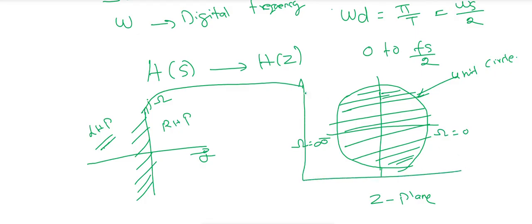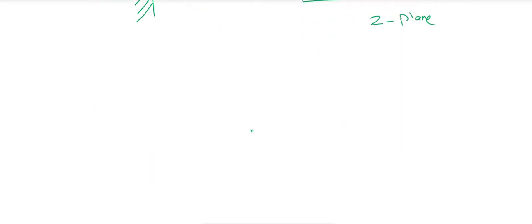So the right half is mapped outside the unit circle, and the left half of the S plane points are mapped inside the unit circle.